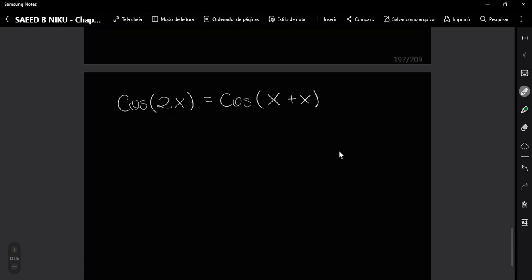And now let's switch the sides. So cosine of x plus x, just switching the sides, is equal to cosine of 2x. And apply now this trigonometric identity of sum of angles.